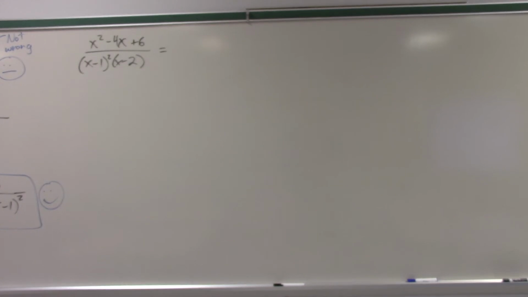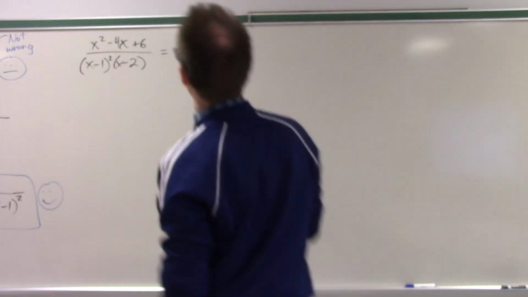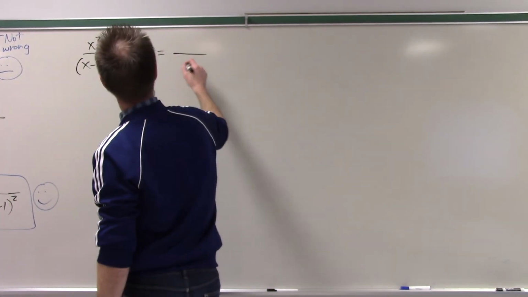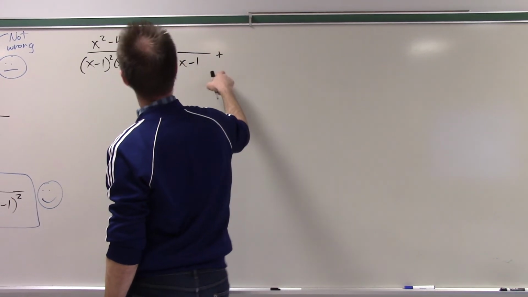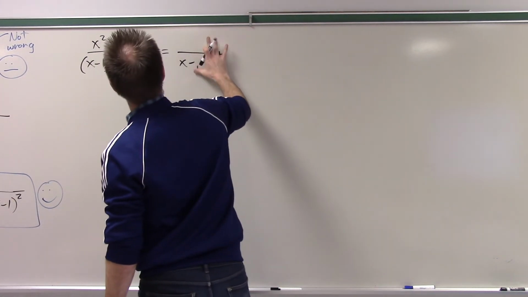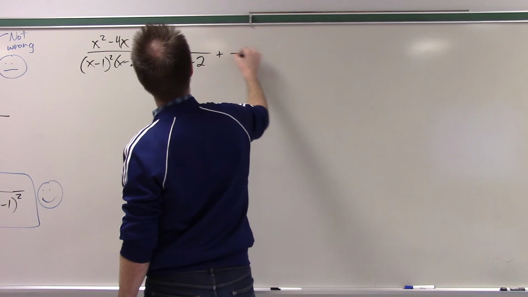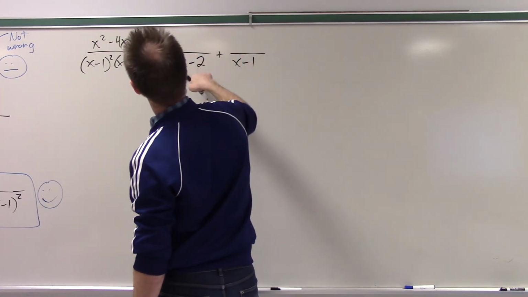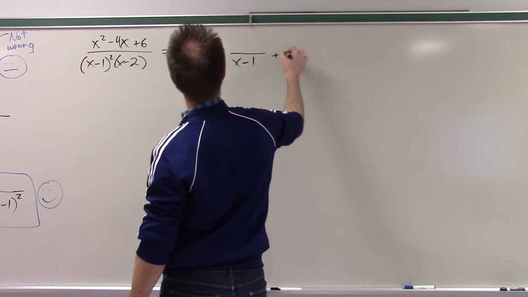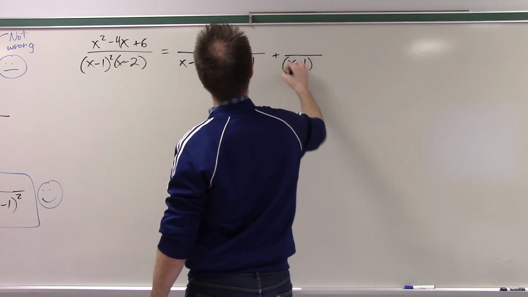All right. I think I gotta finish this video in like 1 minute, but what I'm now going to do in the future is to set the problem up. This is just more efficient this way, to have something over x minus 2 plus something over x minus 1 plus something over x minus 1 squared.